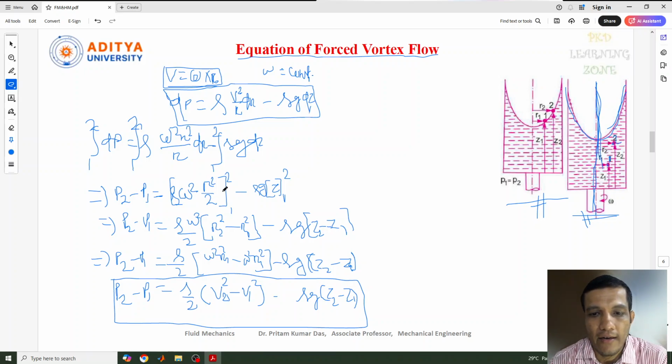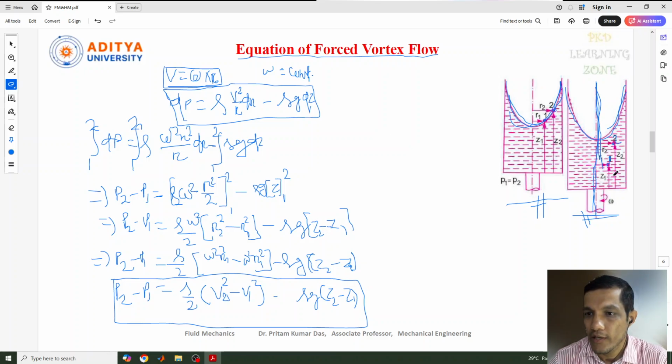Now we can take the condition of point 1 and point 2. Now if point 1 and 2 lie on the surface of this vortex, the vortex which is created in this liquid, then what will happen?